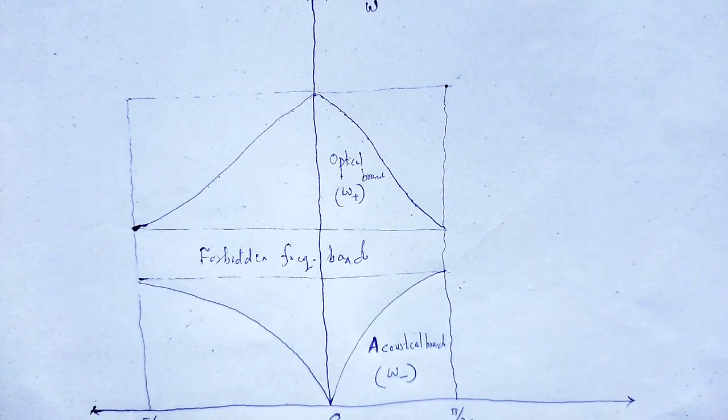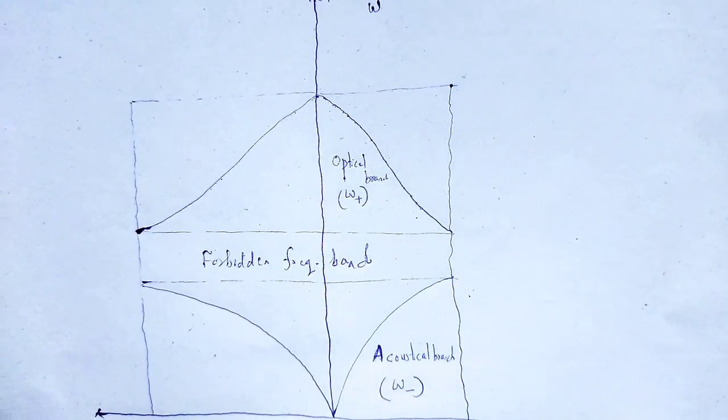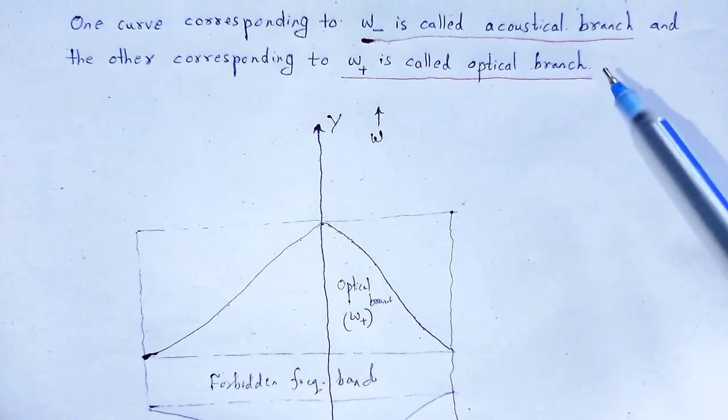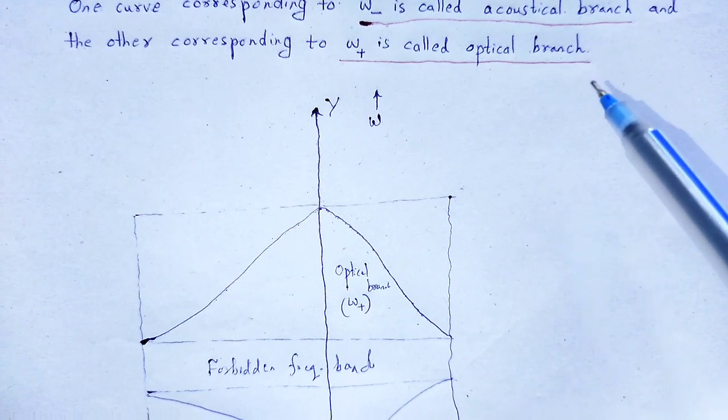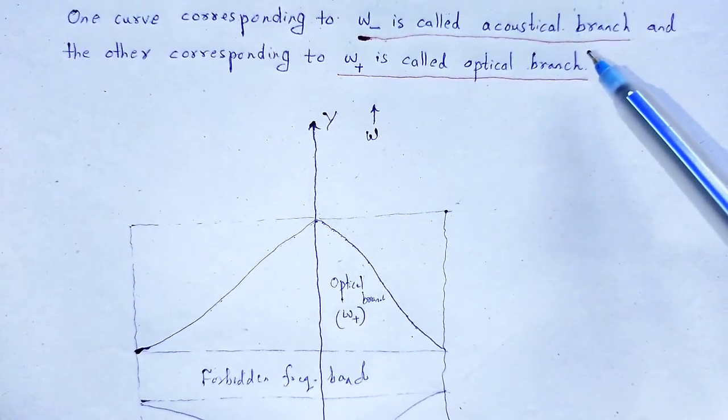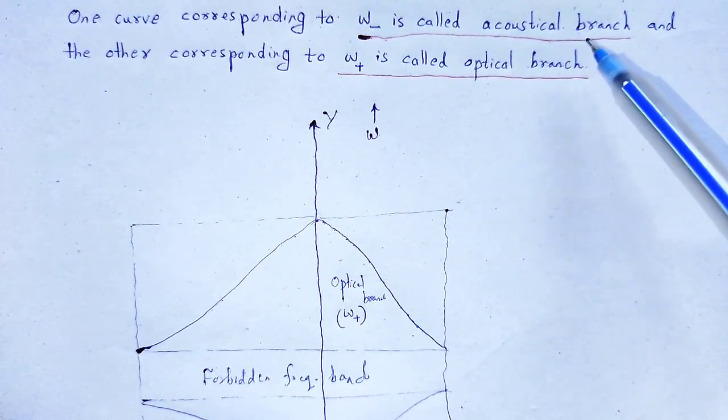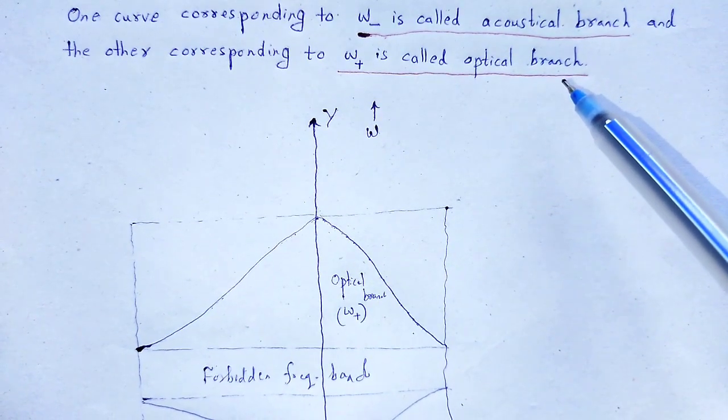Now, we have to understand in detail about the acoustical branch and the optical branch. Now, what are the frequency ranges of these two kinds of branches?